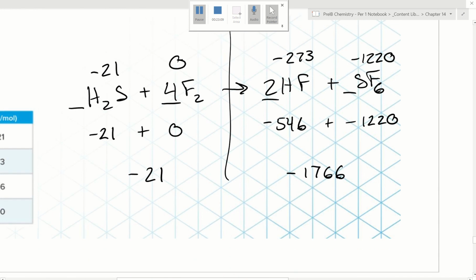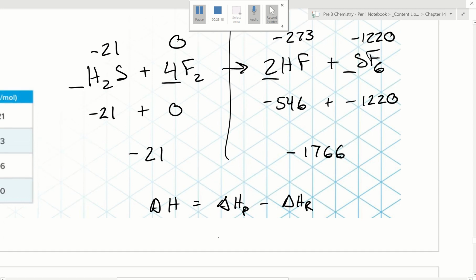-1766. Now, remember, delta H is equal to the delta H of the products minus the delta H of the reactants. So it's -1766 minus -21.